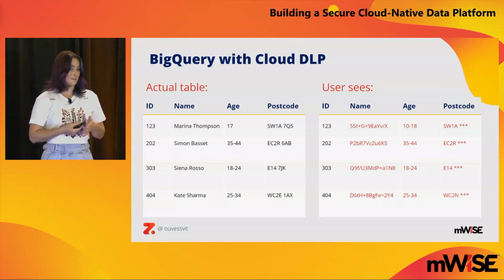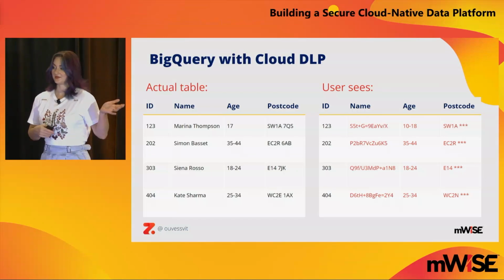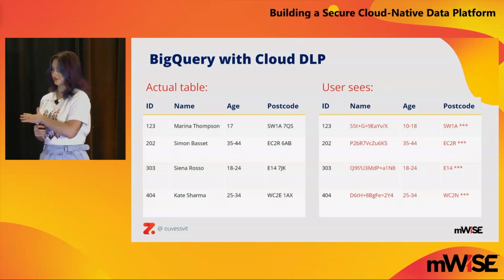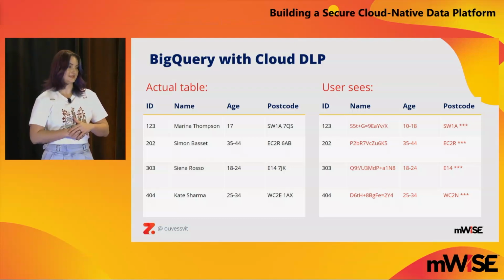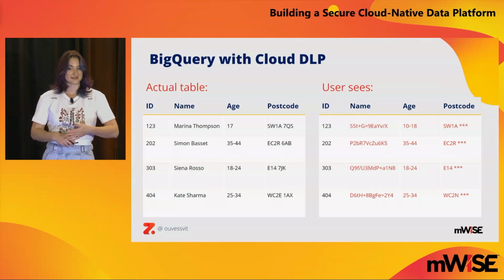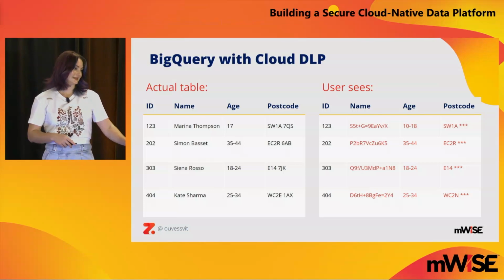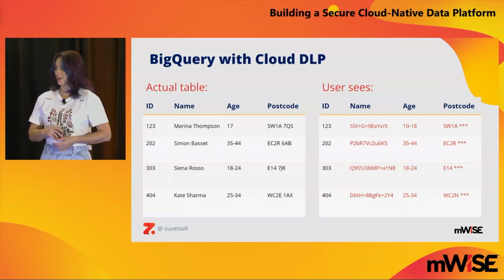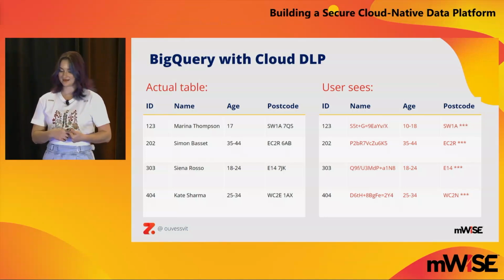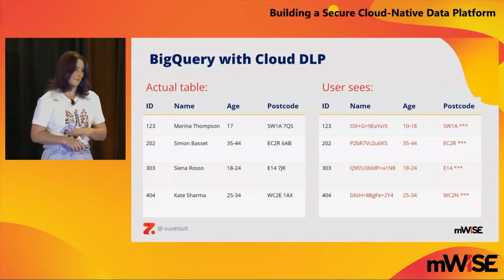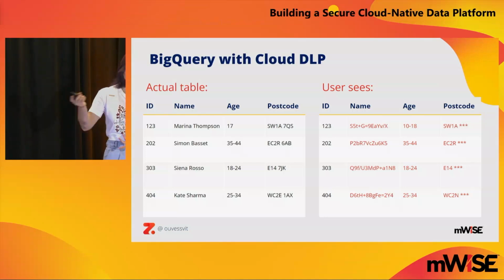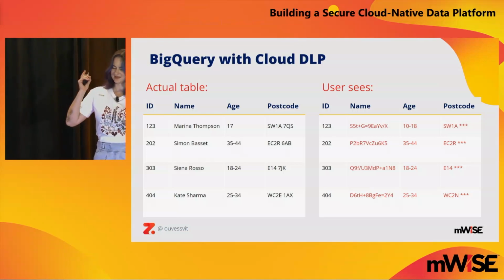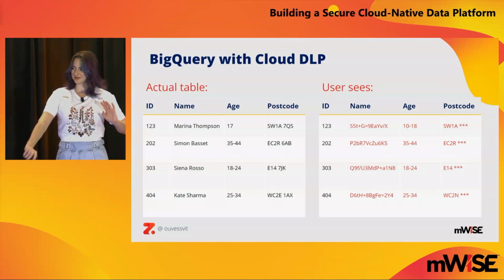BigQuery, for example, in GCP has integration with Cloud DLP, Data Loss Prevention service. This service gives you all of those data masking techniques. And one warning, it's expensive. But it plugs in, and you can forget to worry about have you copied the data, what's the view that people get, where is my PII, where is my non-PII.